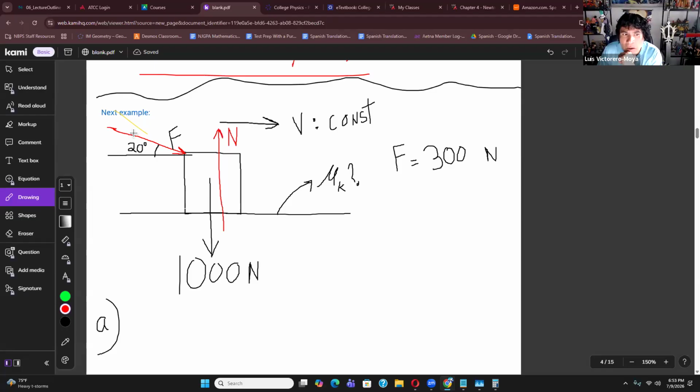I want you to imagine, or you can even do it right now. What's easier? Try to do it right now with anything you have at home. Maybe your chair. Try to pull your chair or push your chair just horizontally, and then try to do it at an angle like this. What's easier? Horizontally or at an angle?